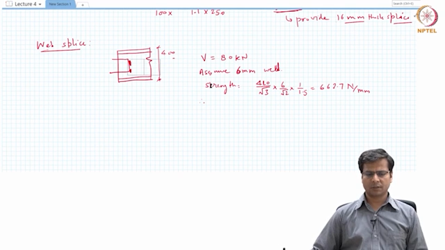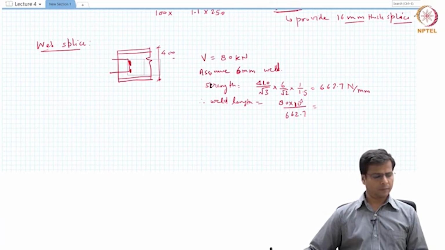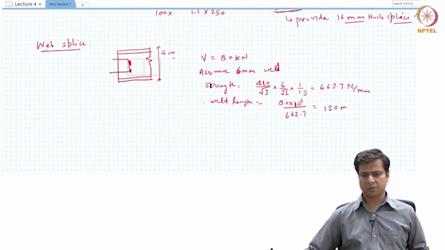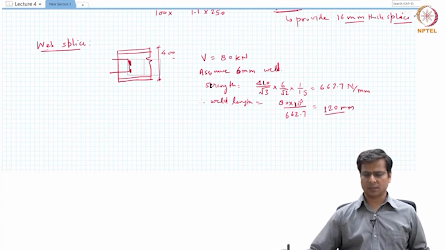Therefore, we can calculate the weld length, which will be equal to 80,000 newtons divided by 662.7 newtons, which will give me a value of 120 millimeters. So a total of 120 millimeter length weld is required.